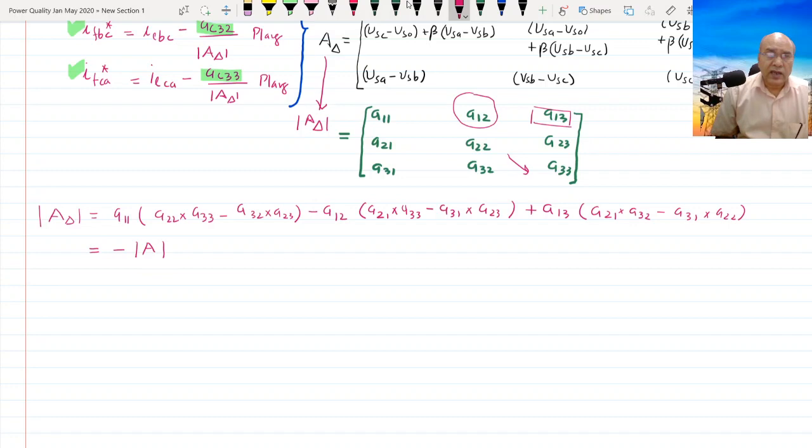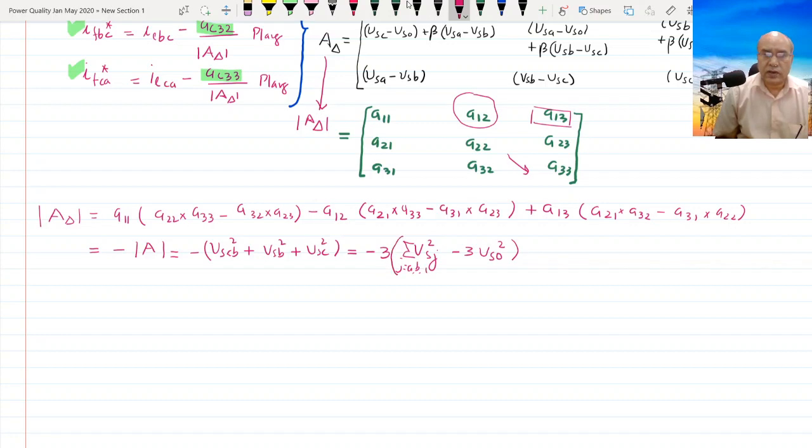So basically, I can write that this is equal to minus of (VSA square plus VSB square plus VSC square minus 3 VS0 square).